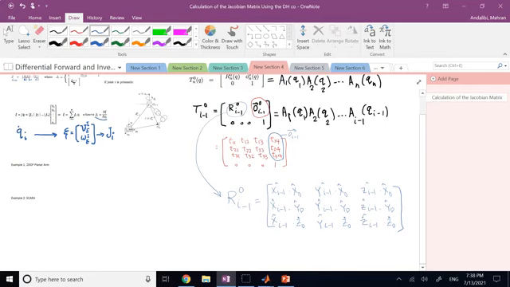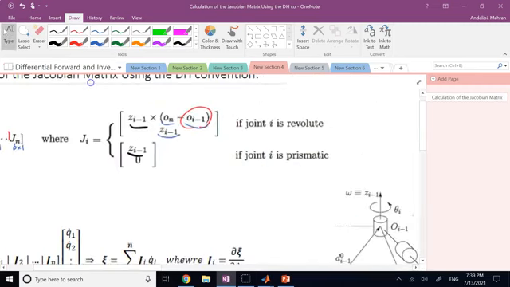And now if I ask you, what is this third column giving you? This is giving you the vector Z_{i-1} as written along the axes of frame 0. So I can write this as Z_{i-1} written in 0 as a vector. And guess what? That's exactly what you want here.